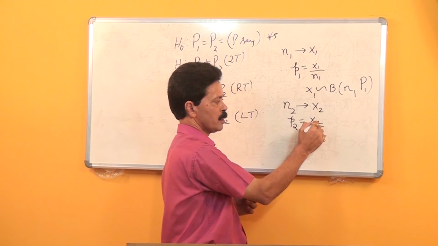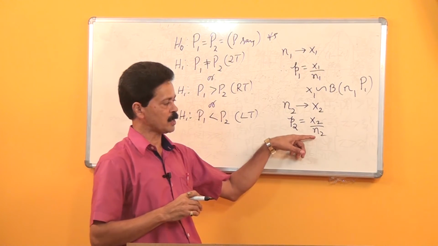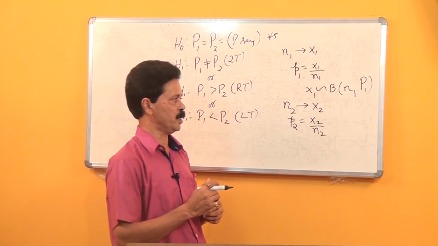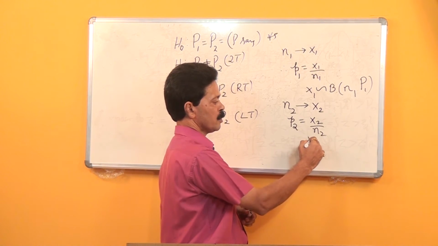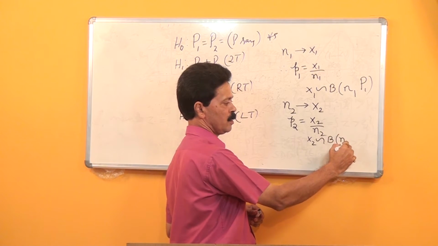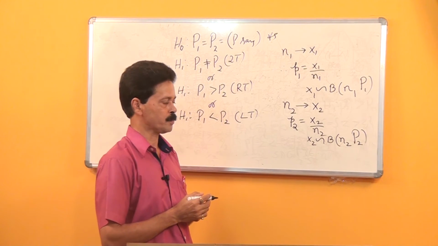Here also X2 means the number of individuals possessing the characteristic in a sample of size N2 drawn from the second population. Therefore, X2 follows a binomial distribution with parameters N2 and population proportion capital P2.